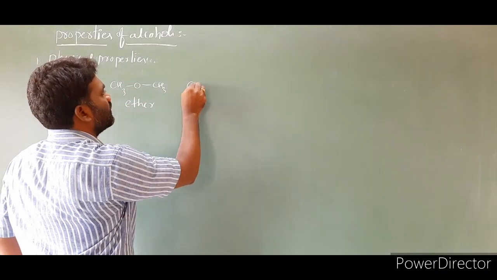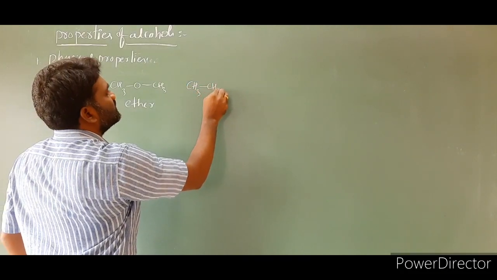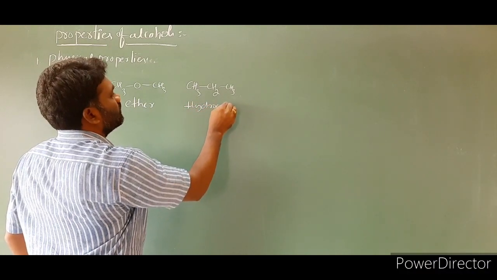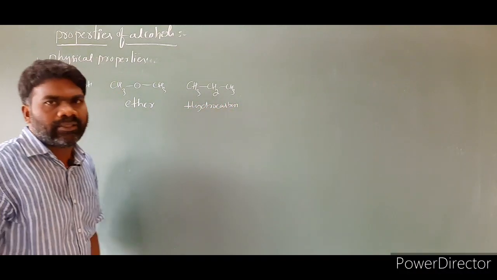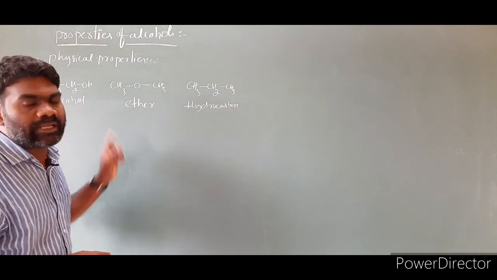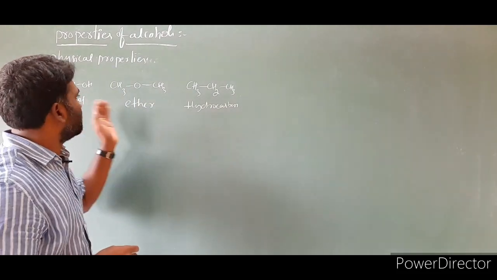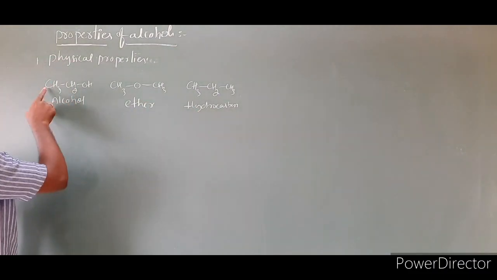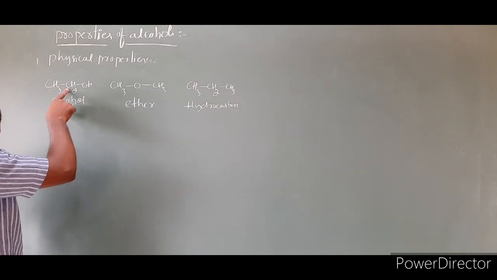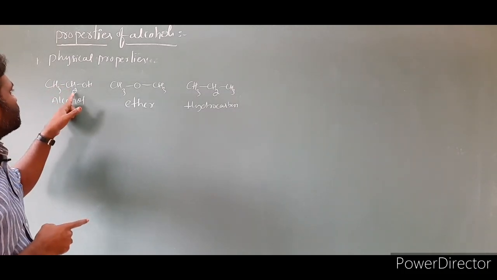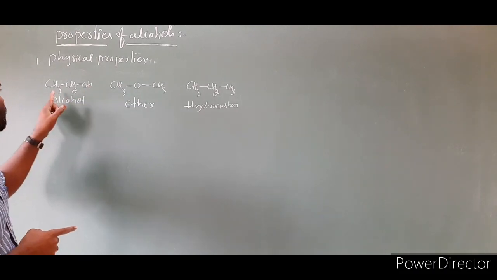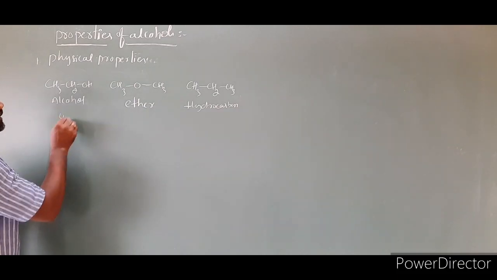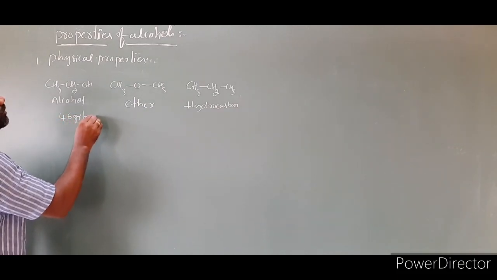The next one I am taking is a hydrocarbon, CH3CH2CH3. This is the hydrocarbon propane. Then we have to write its molecular mass. We are taking the alcohols, ethers and hydrocarbons with comparable molecular masses. Carbon 12 plus 12, 24; hydrogens 6, so 24 plus 6, 30; plus oxygen 16, total is 46 gram per mole.